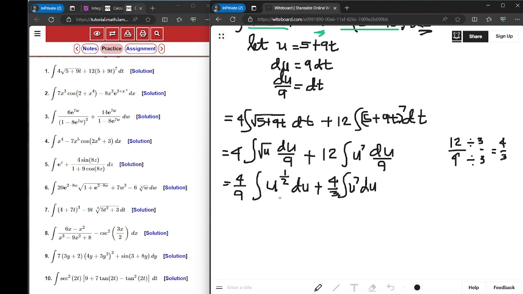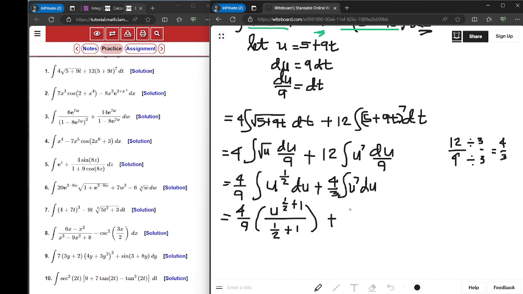If you look at this, this is now easier to integrate. So we have 4 over 9, and the integral of u to the power of 1/2 is u to the power of 1/2 plus 1 over 1/2 plus 1. So we place in the denominator the exponent plus 1.